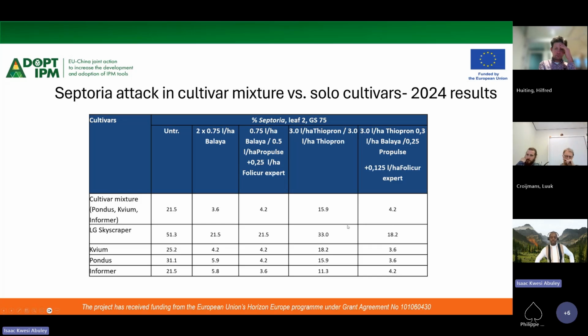Overall, what we see is that if you use a mixture, the disease reduction may be moderate, but if you look at the untreated, it is really significant. The difference is much bigger than when you use a product. And with the thioprone alone, we see a better performance than when you use the thioprone in a pure stand, except for Informa, which is very resistant.